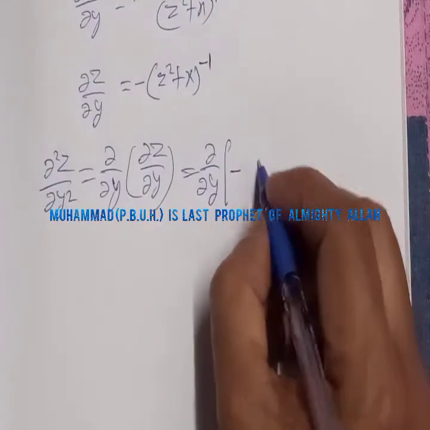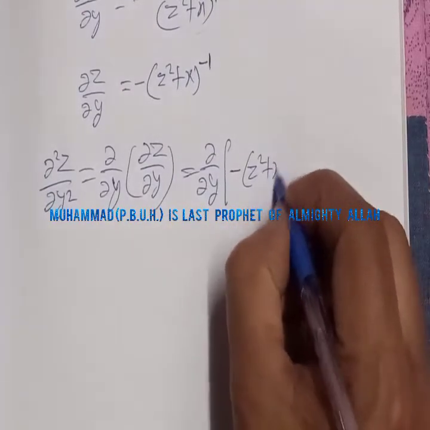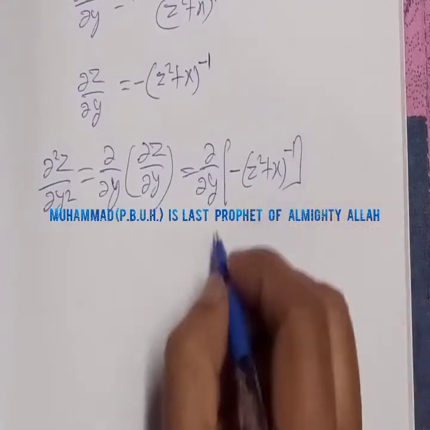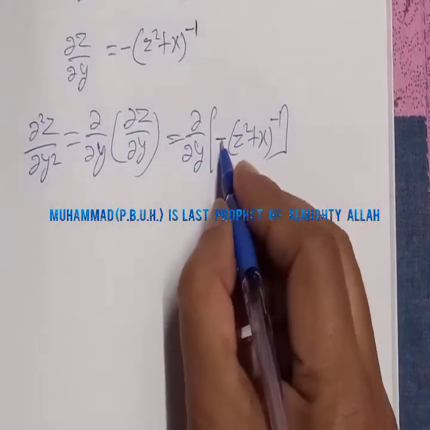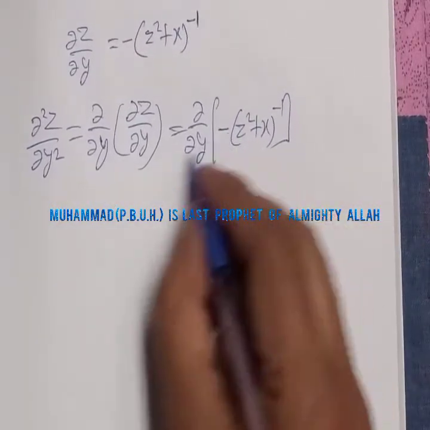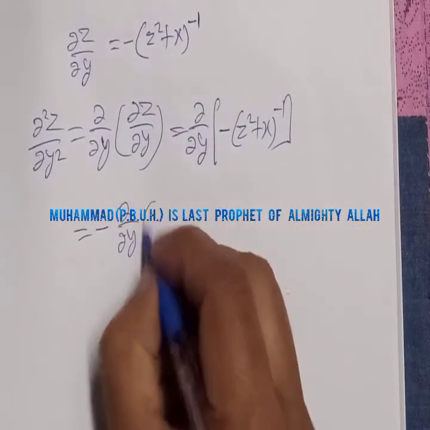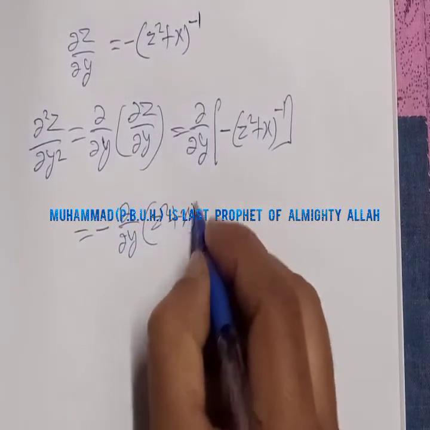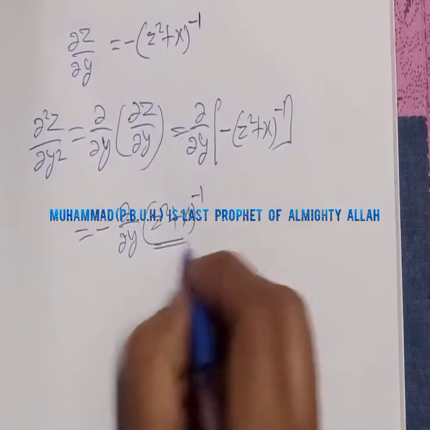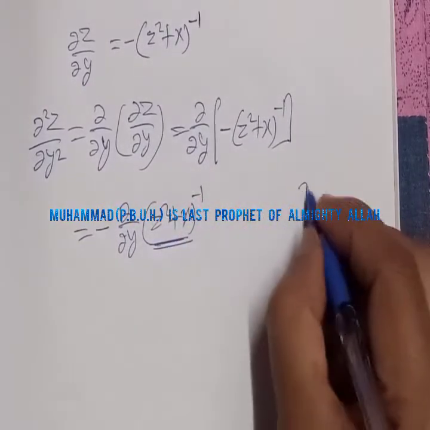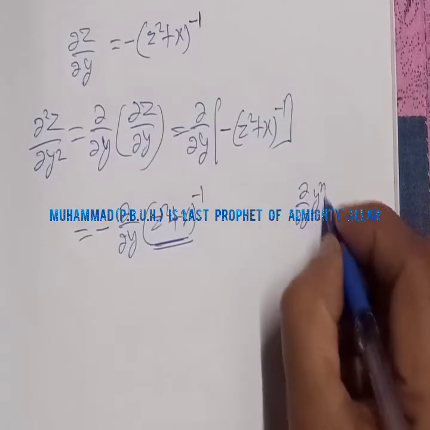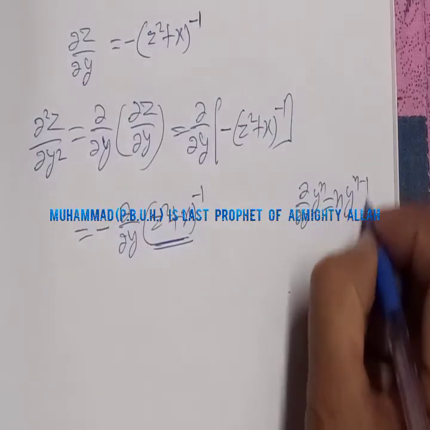The value of this is equal to minus (z² plus x) whole power minus 1. Since minus is a constant, I take it out, and we only have to differentiate (z² plus x) whole power minus 1, considering it as y. The differentiation of y to the power n is n y to the power n minus 1.